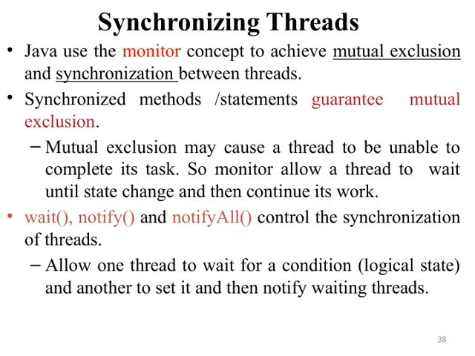These synchronized methods or statements guarantee mutual exclusion, which is crucial when threads share resources. However, mutual exclusion can sometimes cause a thread to get stuck if the condition it's waiting for isn't met. That's where monitors come into play. They allow a thread to wait until a specific state changes. Once the condition is satisfied, the thread can continue its work seamlessly.